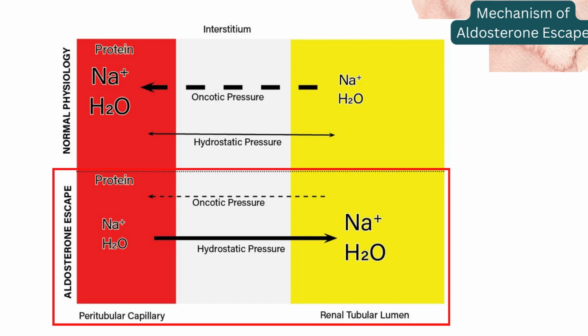This pathophysiologic shift in Starling forces promotes the backflow of sodium and water from the interstitium into the renal tubular lumen. This is a form of pressure natriuresis, an adaptation that prevents hypernatremia and fluid retention or edema in primary hyperaldosteronism. I hope you found this video on aldosterone escape informative.